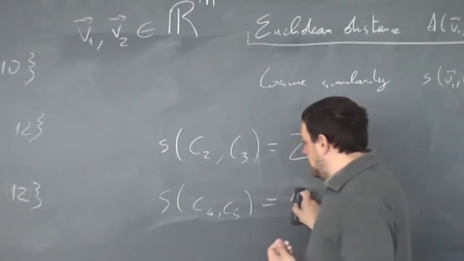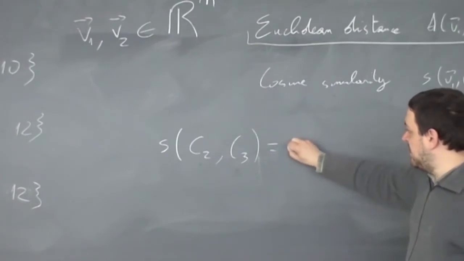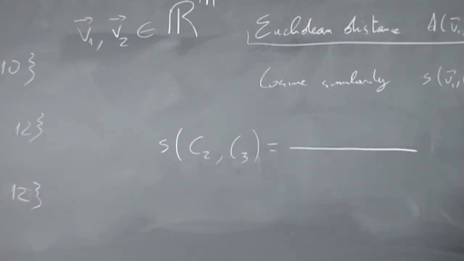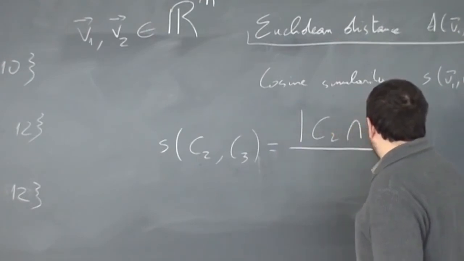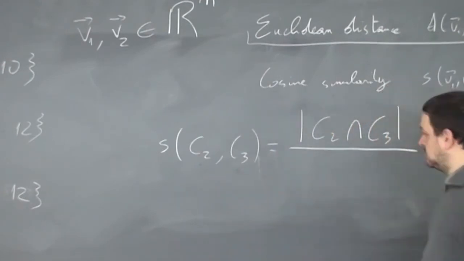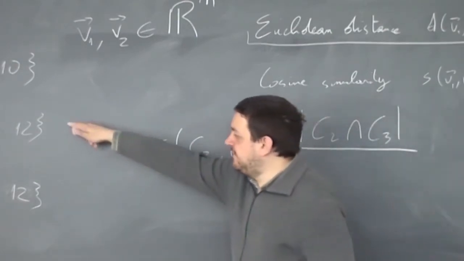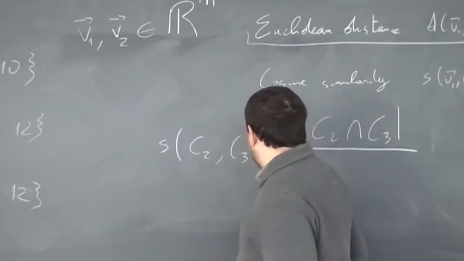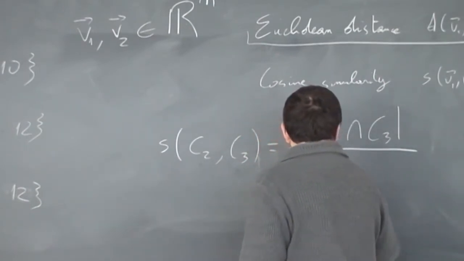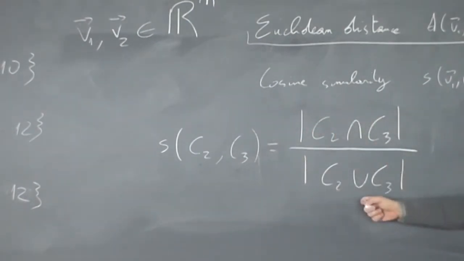So, what we usually do is to normalize the size of the intersection, dividing it by the overall number of items bought by both customers, which is the size of their union.